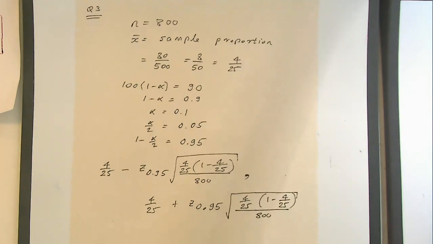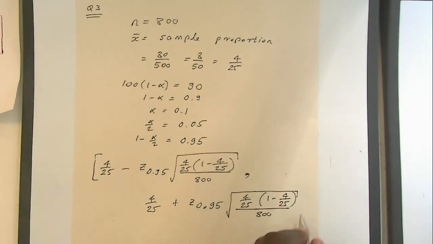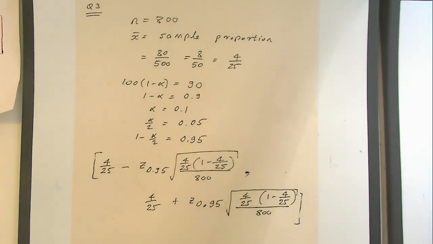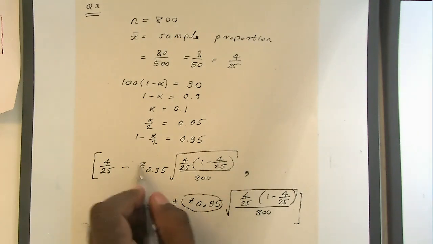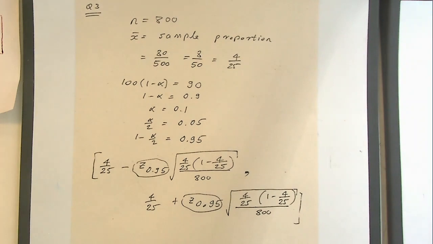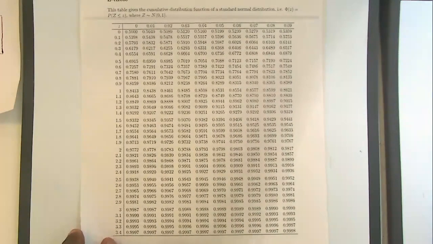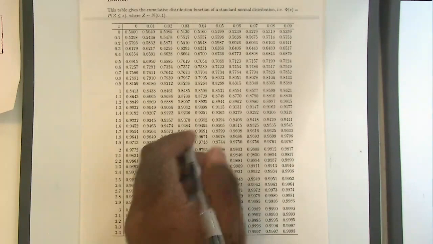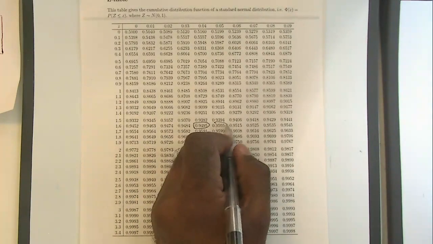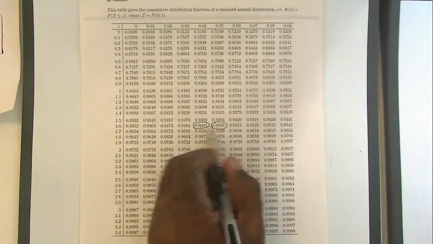Okay. Now how do we read this, guys? We need to use the Z table to read 0.95. So you put the table in front of you, and you find 0.95 here. It's halfway between these two, right?